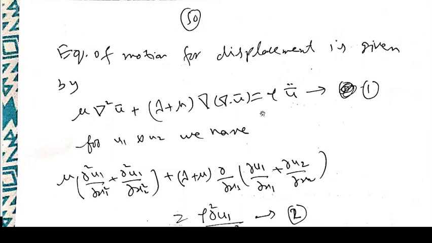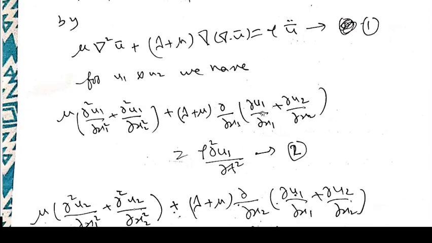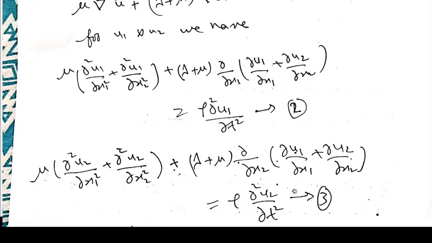So this equation number 1 has 3 sub equations, 1, 2 and 3. But as we have u3 equal to 0, we basically have 2 equations, for u1 and u2. So we can write equation 1 for u1 and u2 as equations 2 and 3.